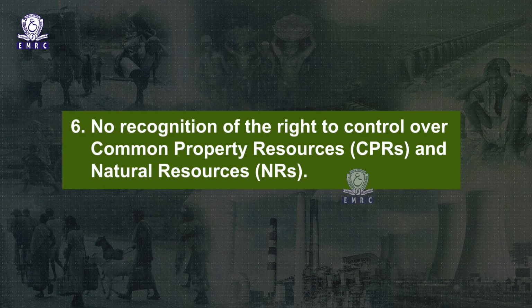And there is no recognition of the right to control over common property resources, that is CPRs, and natural resources. The state has continued to own natural resources across India as has been discussed earlier, and the right of the community, especially of women, to control and manage the CPRs has been denied.